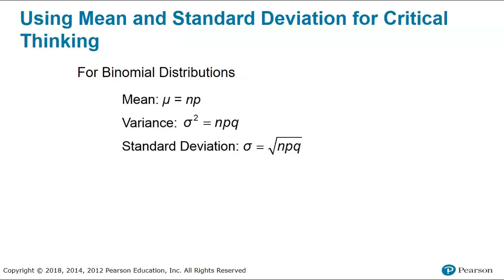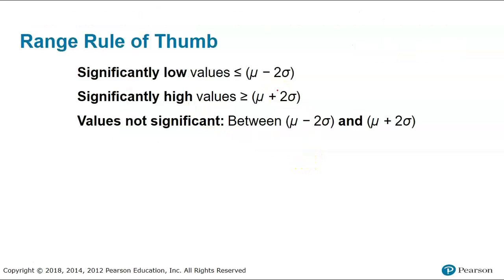When it is binomial, you're able to use special formulas. Instead of setting up the table and doing x times p of x and x squared times p of x and adding them all up, you can simply use these small, simple formulas and get your answer, which is much nicer.